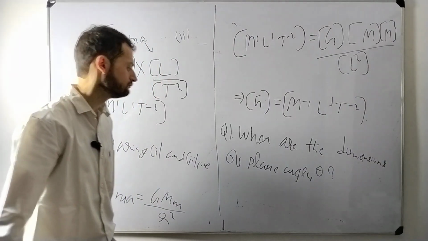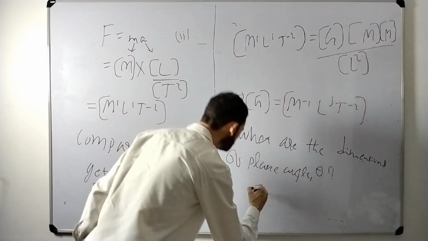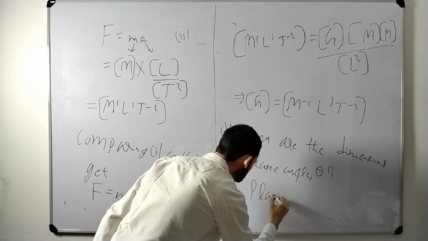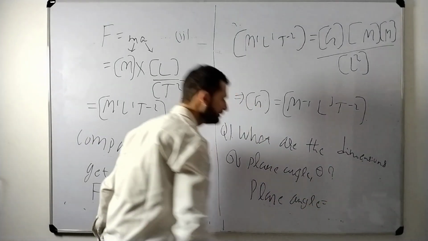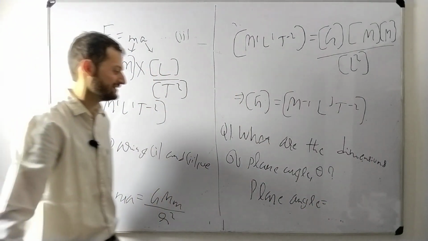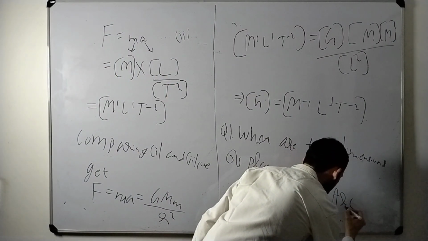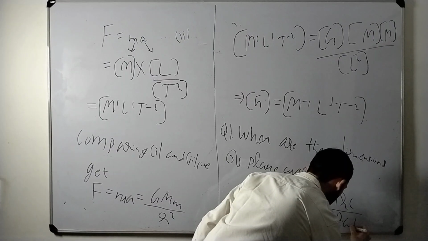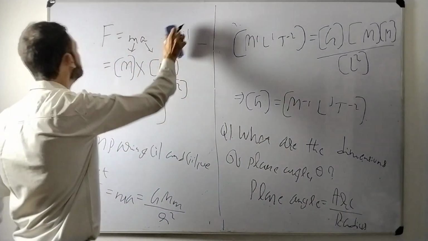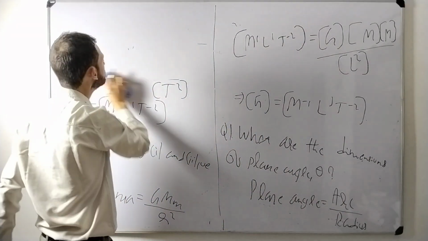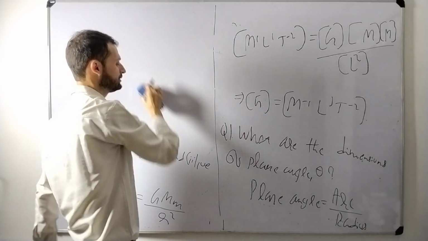Okay, students. Plane angle formula. Yes, tell me the plane angle formula. Very easy, sir. Arc upon radius. Yes, very good. So this makes the dimension.